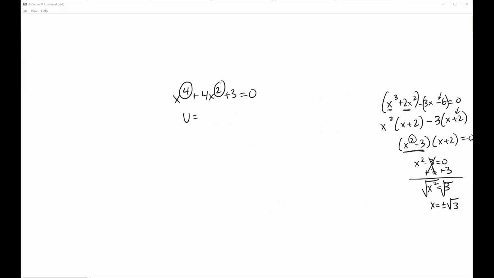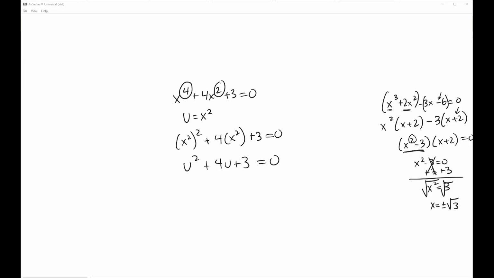Let u be equal to x squared. So when we do that, I'm going to focus on the x squareds, and then I'm going to replace the x squareds with u. So it'll be u squared plus 4u plus 3 equals 0.